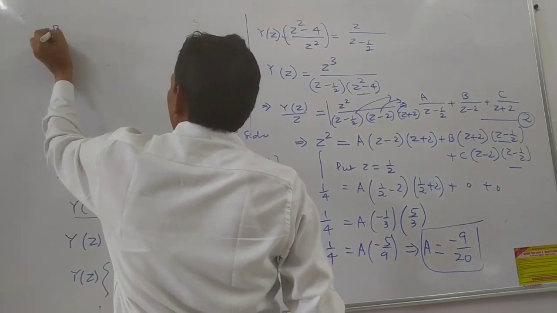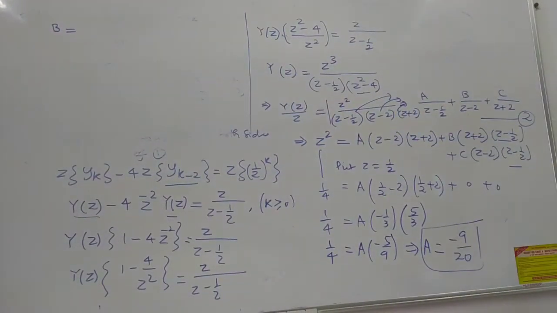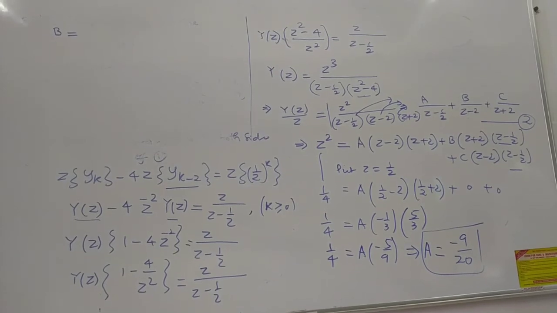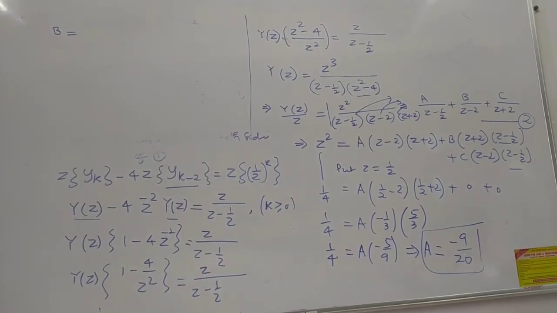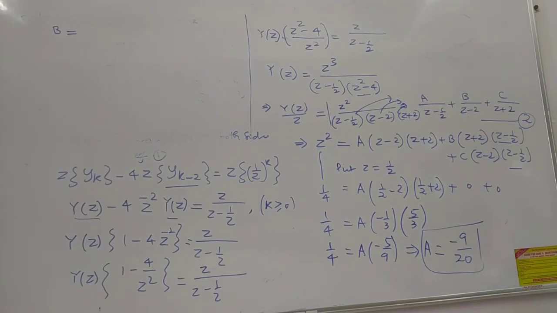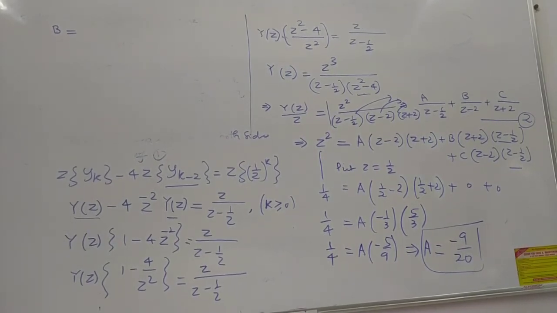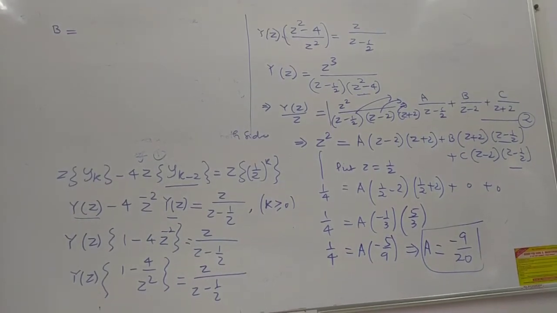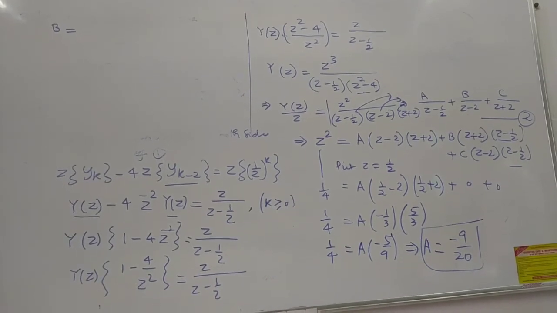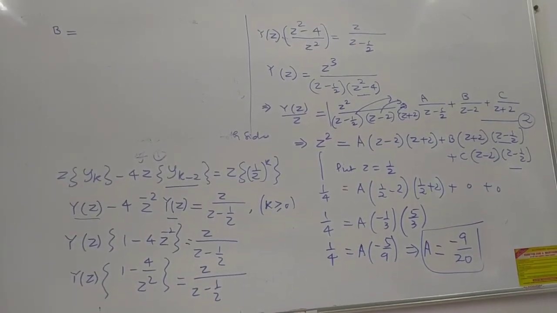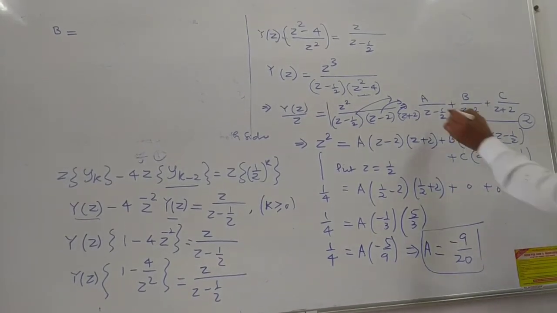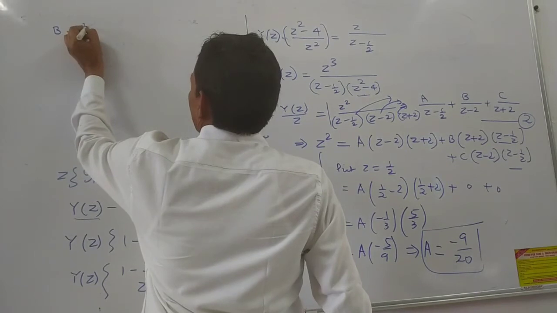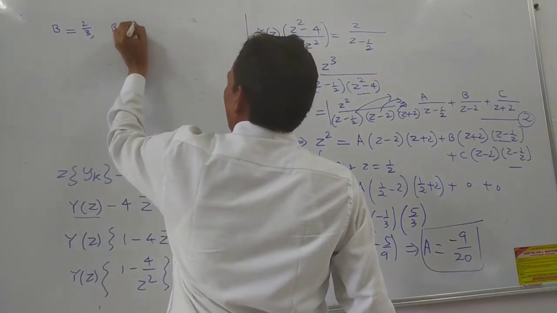B is equal to 2 by 5. The value of A is 2 by 3 and B is equal to 2 by 5.